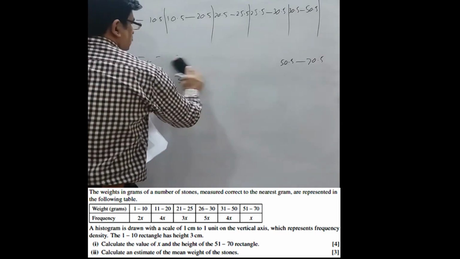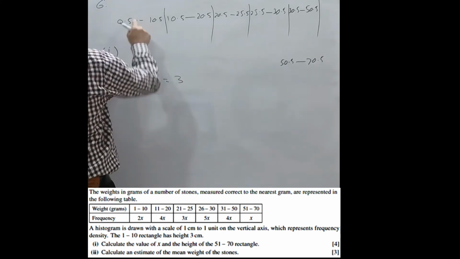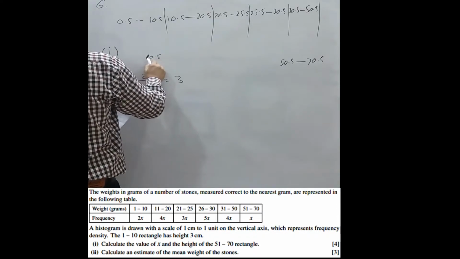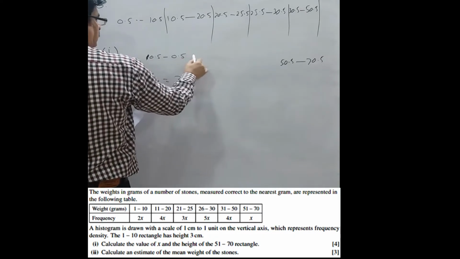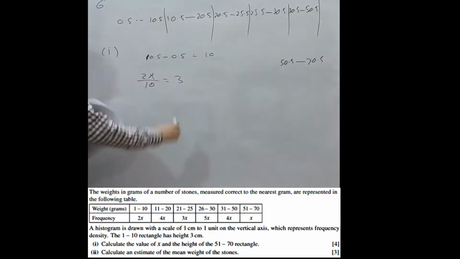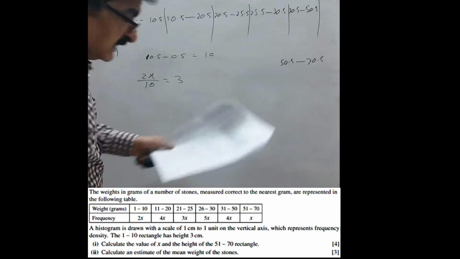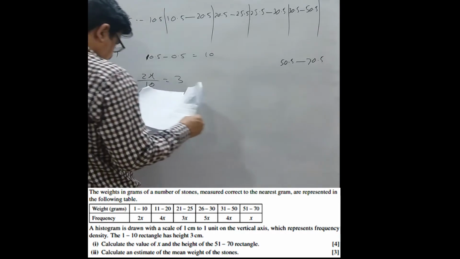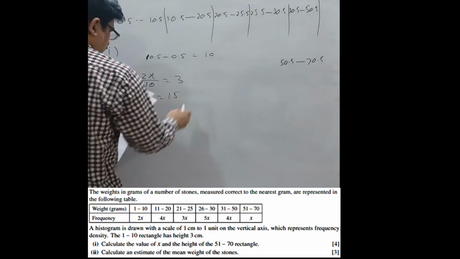The width of this first class is 10.5 minus 0.5, which gives 10. So frequency divided by class width is frequency density. It is given that the height, meaning frequency density, is 3. So from here you will get the value of x to be 15. This is the first part.